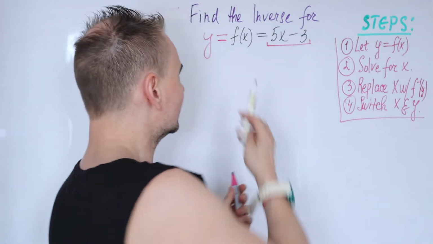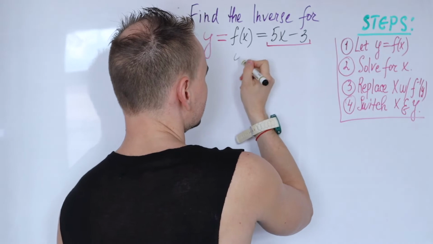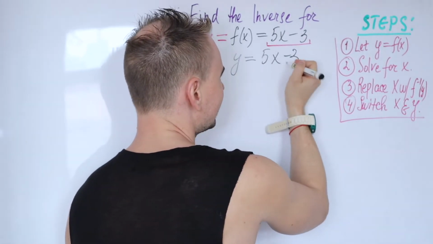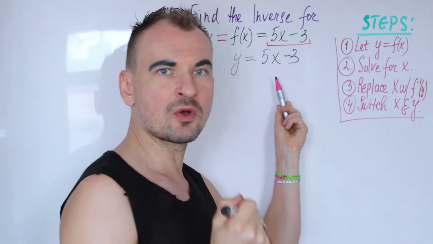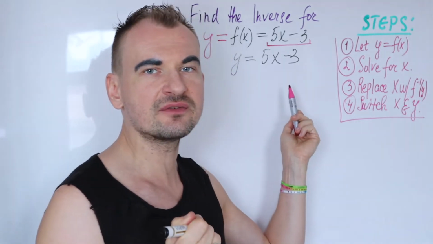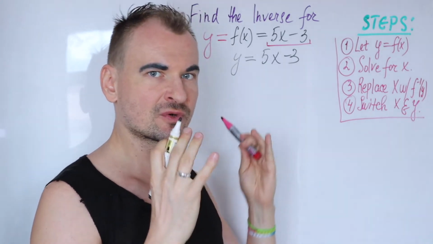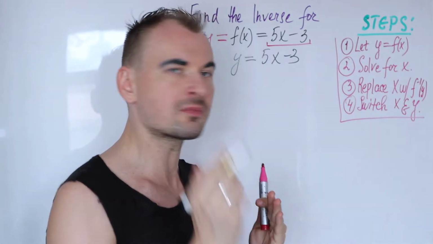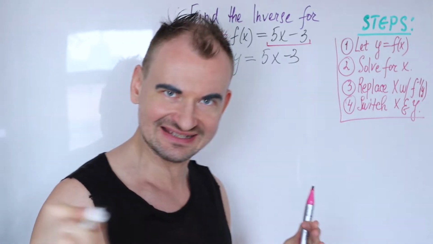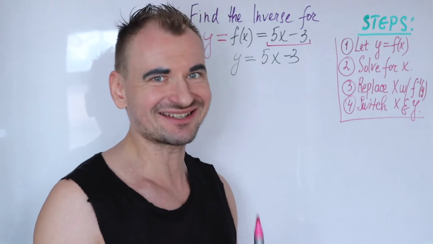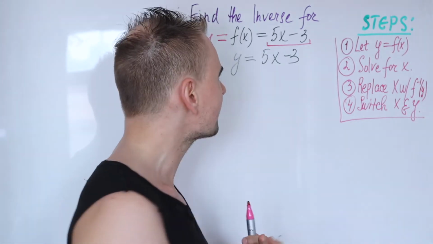So you are given y equals 5x minus 3. So you want to solve it for x. In other words, you want to isolate x. So you need to get your equation in the form of x equals something. So just make x the subject of the formula.